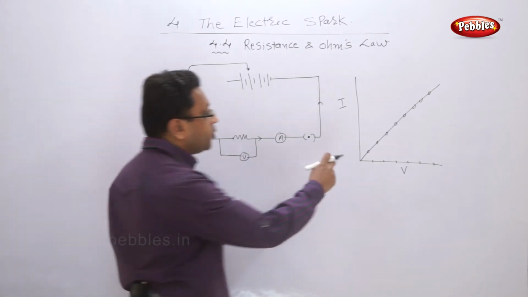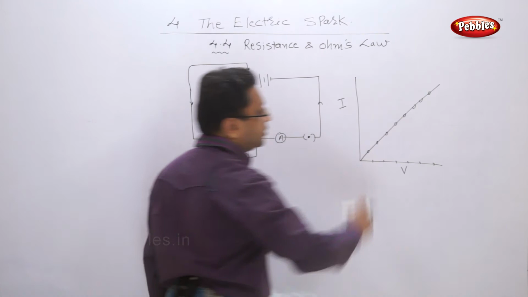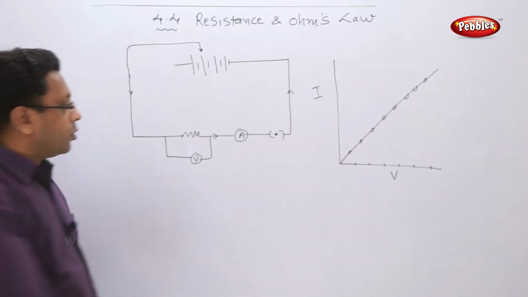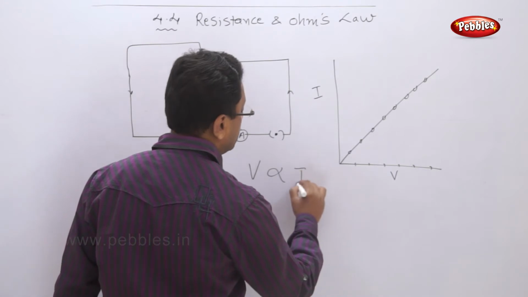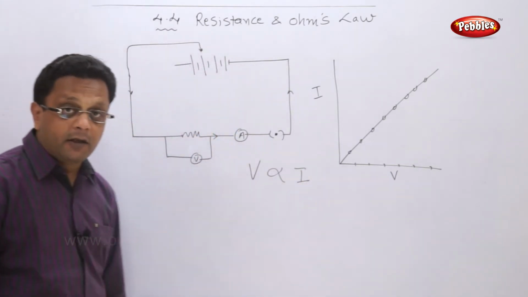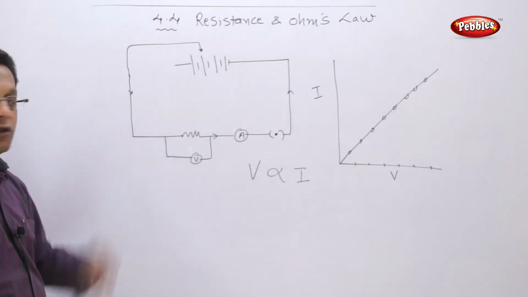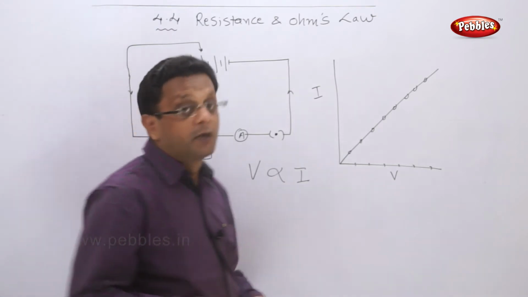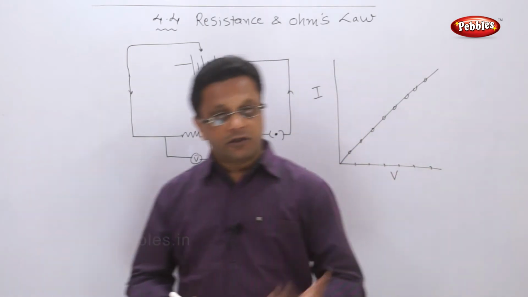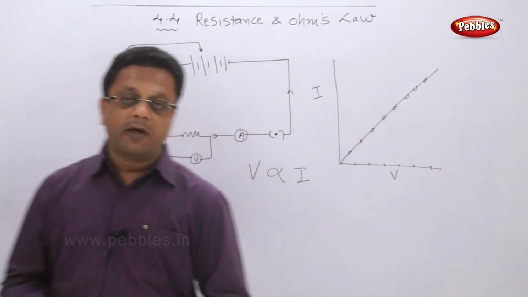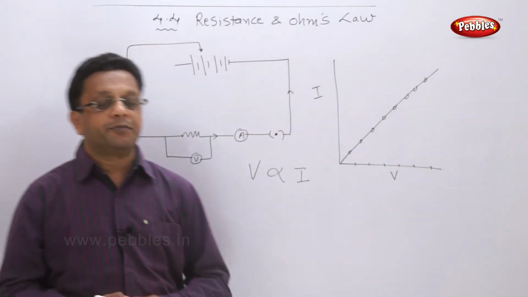And you will find that this graph is a straight line. So we will prove that V is directly proportional to I, where the resistance is constant and the physical properties of the material, that is the length, cross-sectional area, material and temperature, remain the same.